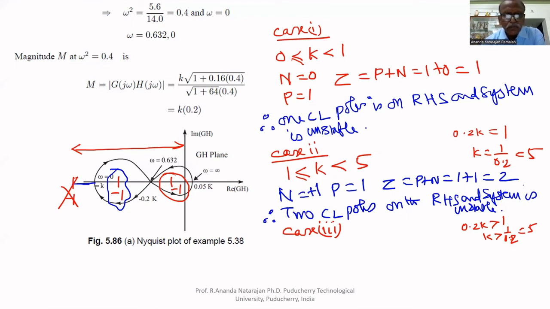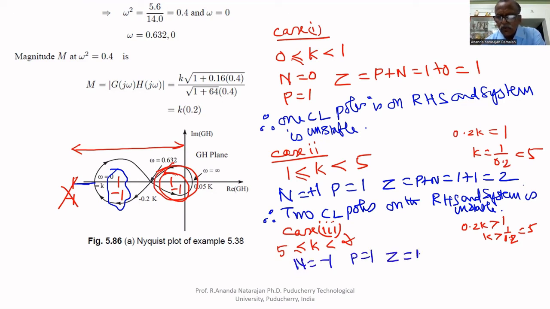So it means the K should be greater than or equal to 5, and less than infinity. In that case, the encirclement is in the anti-clockwise direction. Therefore, N equal to minus 1, but P equal to 1.